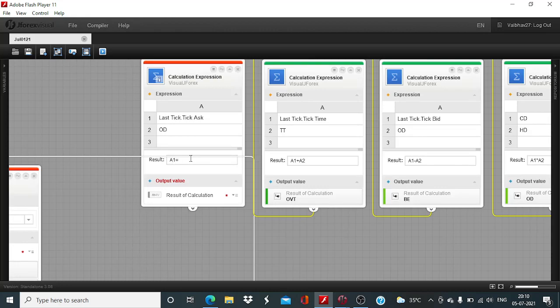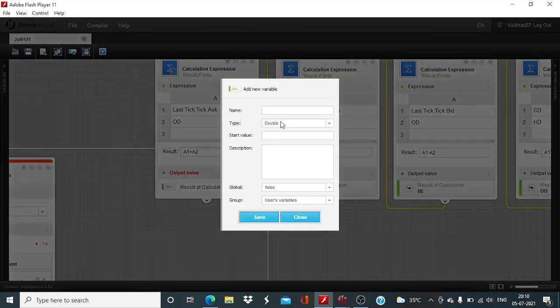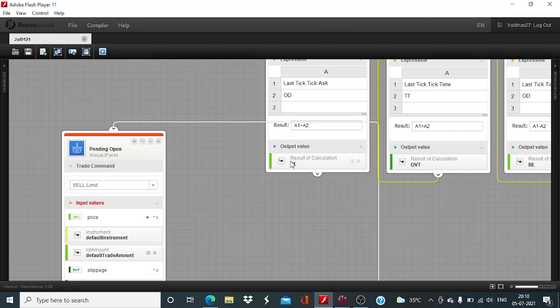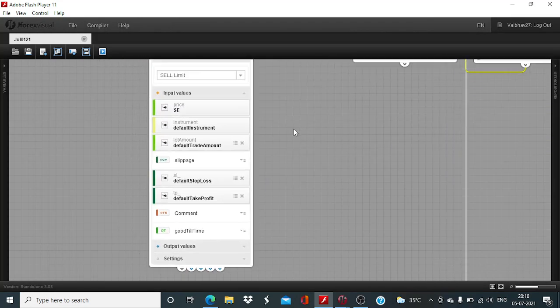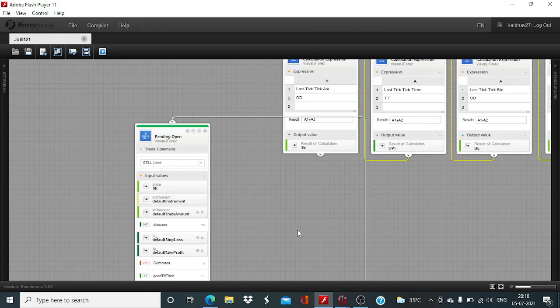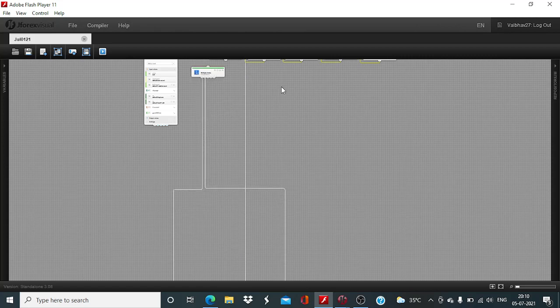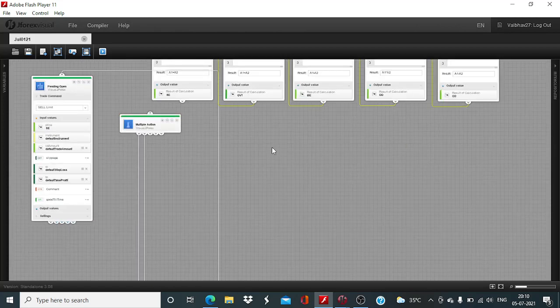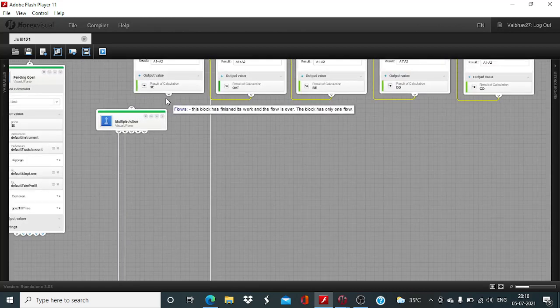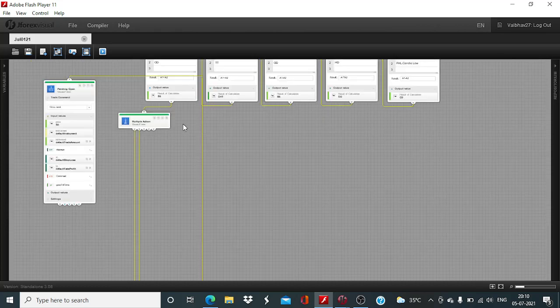A1 plus A2, and the output will be our price for entry. Okay, now let us join it back to multiple action.